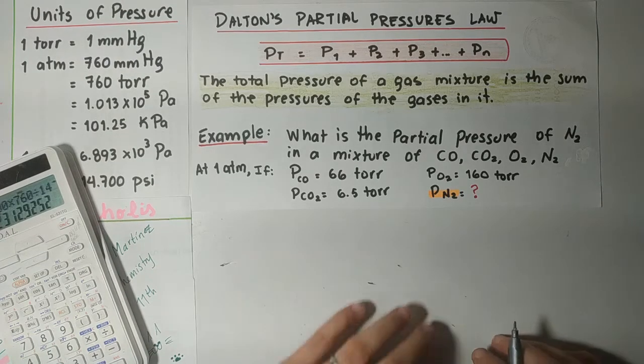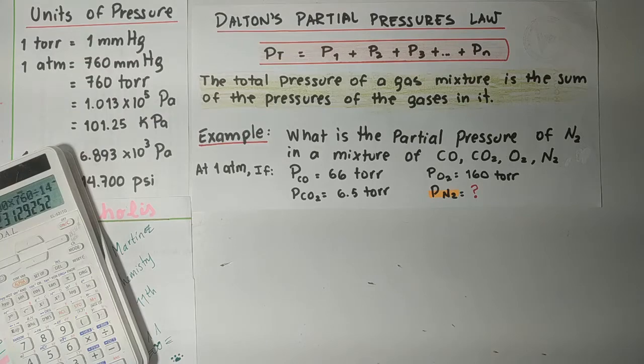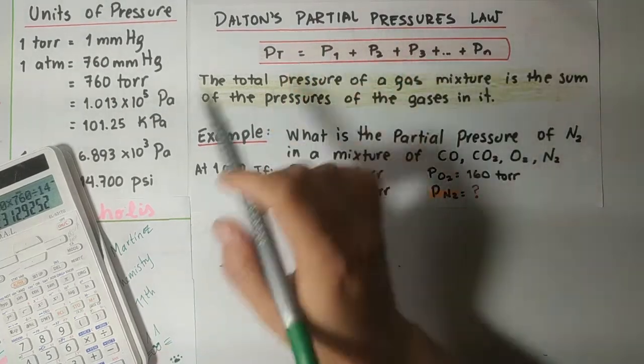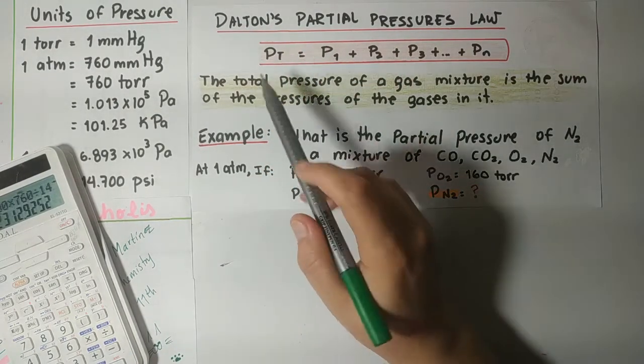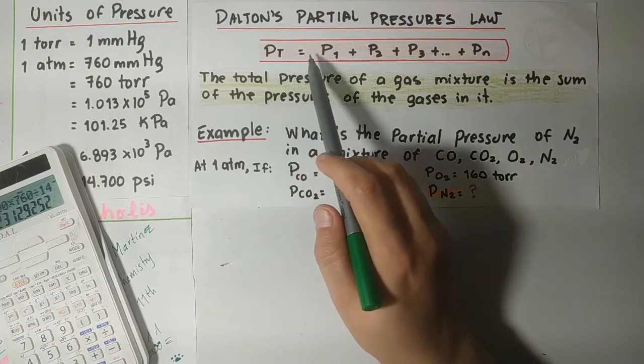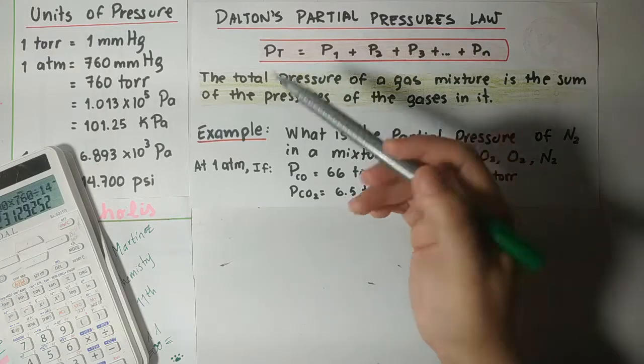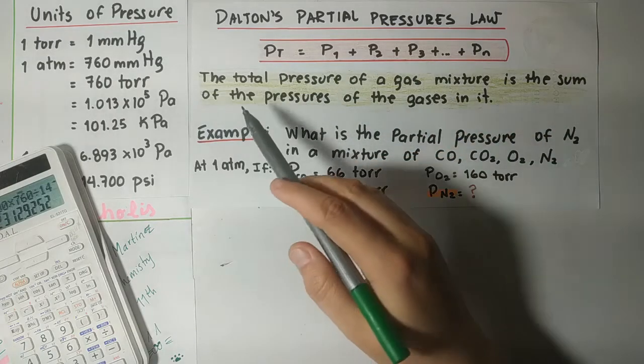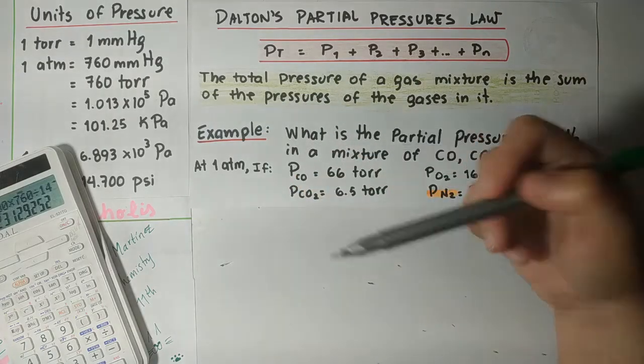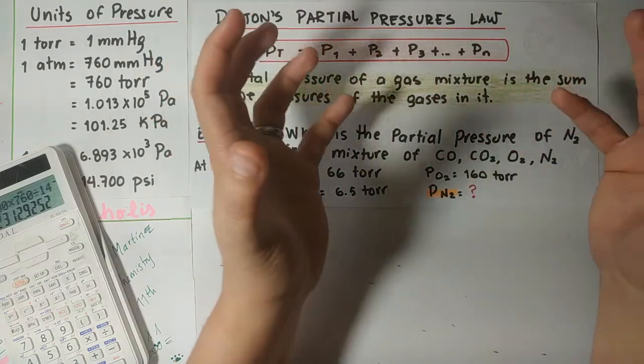Okay, now we're gonna start with the first law about gases, that is Dalton's partial pressures law, that says that the total pressure PT is equal to pressure 1 plus pressure 2 plus pressure 3. I mean, it is the sum of all the pressures of all the gases in the mixture.